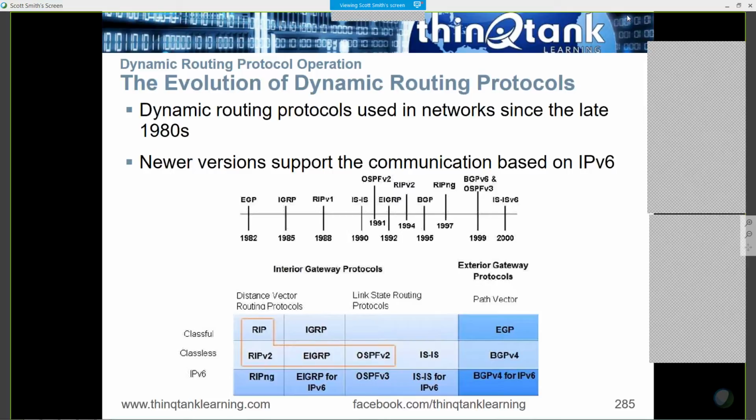Within the umbrella of interior, we also have two subclassifications, distance vector versus link state. And I'm going to describe to you guys in a little bit the difference between distance vector and link state. There is a pretty significant difference between those two types of protocols. And we'll take a look at what those differences are in a little bit. Okay?